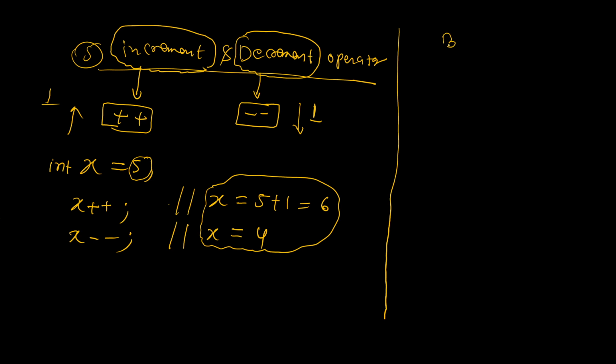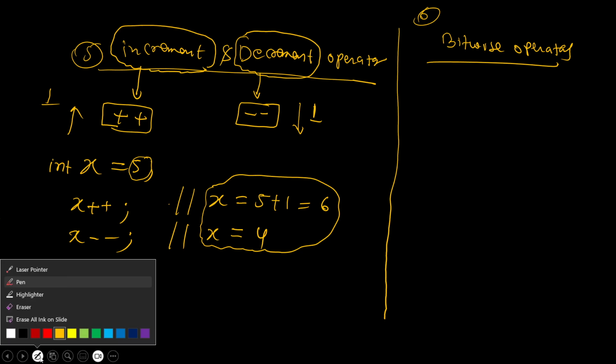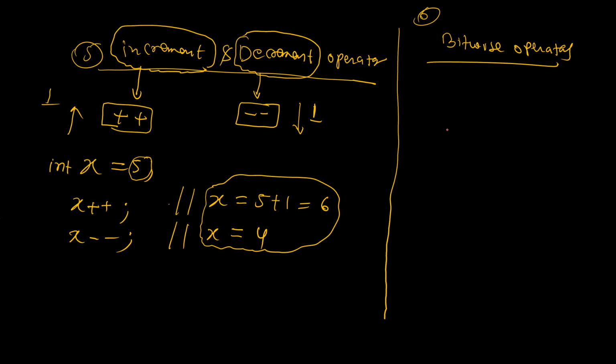Now we will see the bitwise operator. This is the sixth type. Let's see what the bitwise operators are and why they are used. When you want to manipulate the bits, or you want to play with binary bits, or you want to do some operations on binary bits, then you will use a bitwise operator.